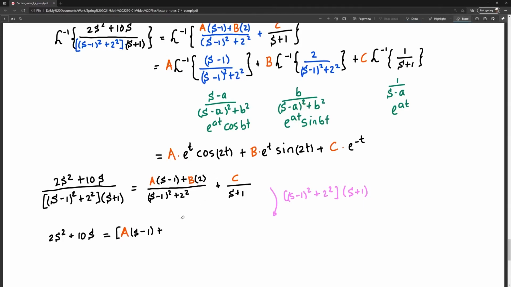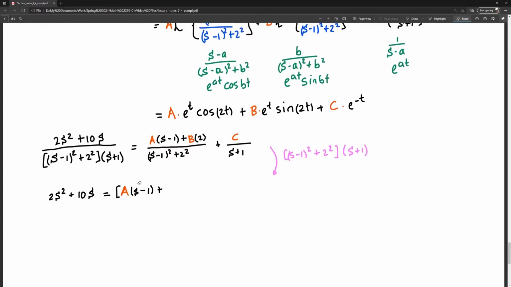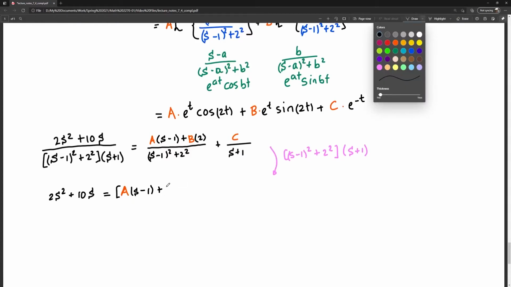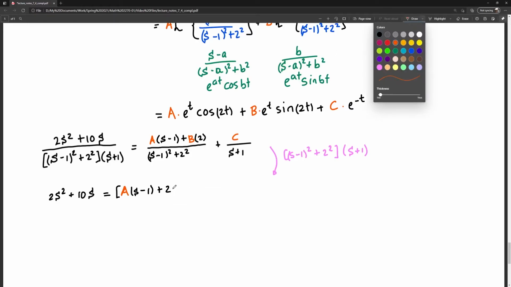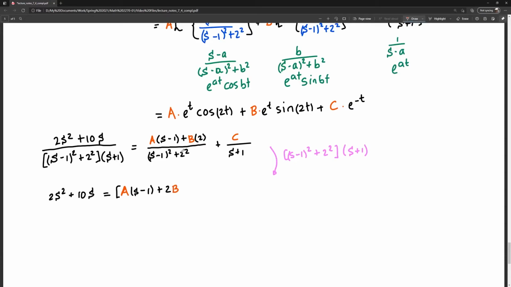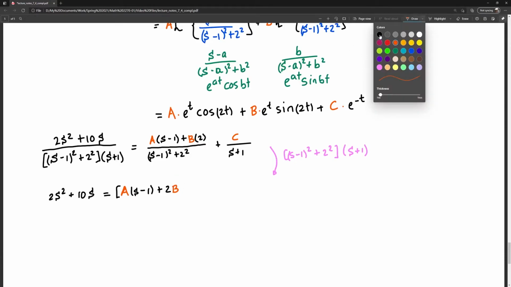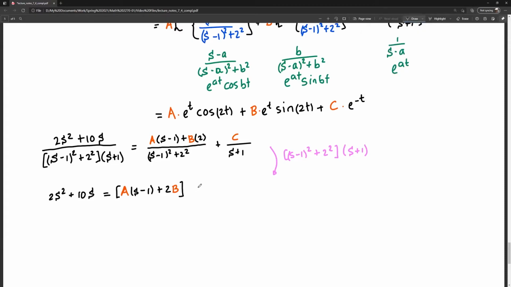Sorry. That's right. So plus 2b. The square only shows up in the denominator, not in the numerator. And so we multiply that by s plus 1. So s minus 1 squared plus 2 squared canceled out.